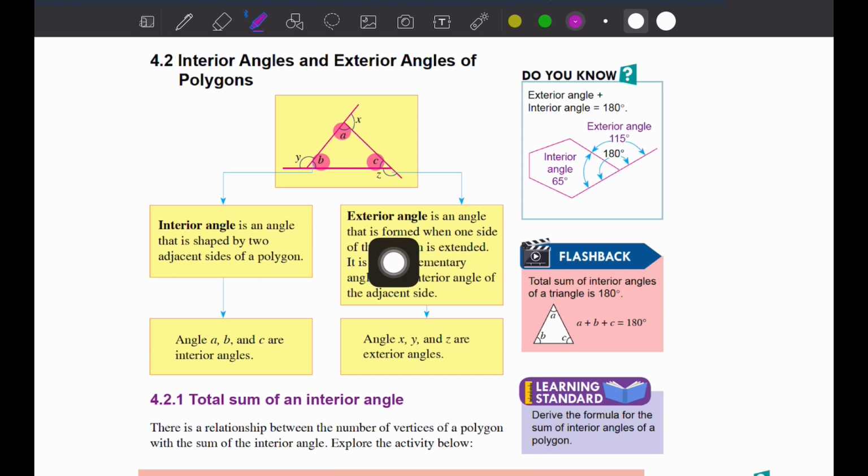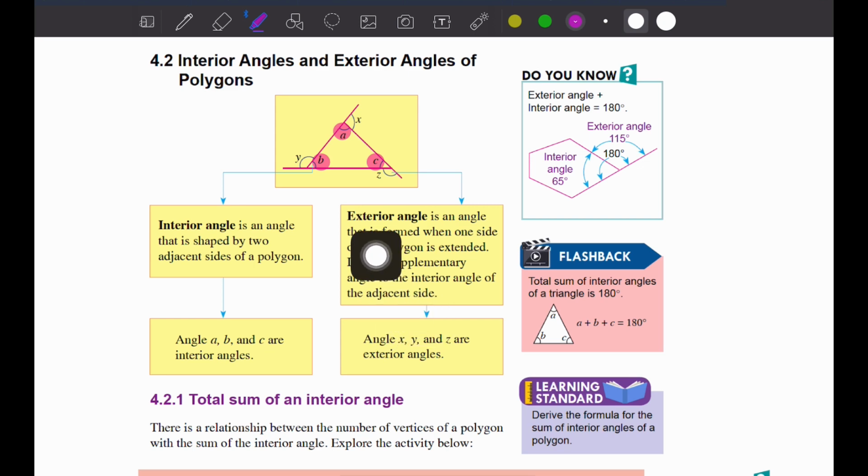Okay, next, exterior angle pula. Exterior angle is an angle that is formed when one side of the polygon is extended. It is the supplementary angle to the interior angle of the adjacent side.